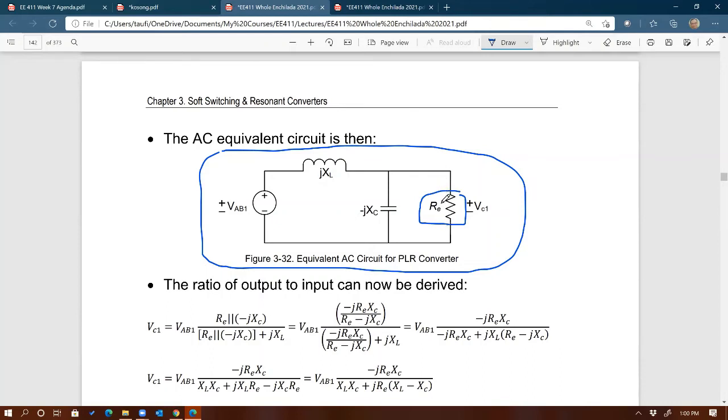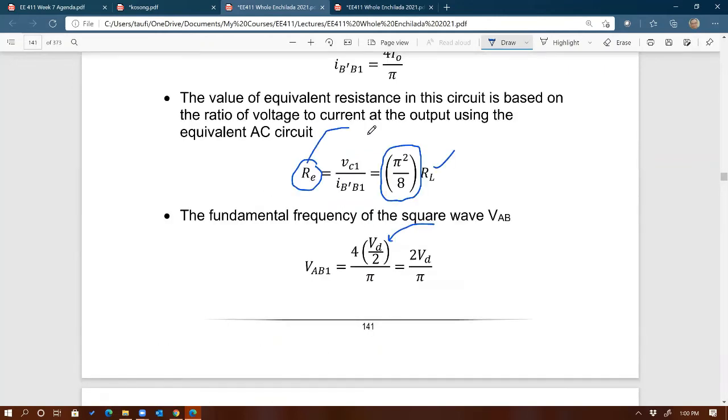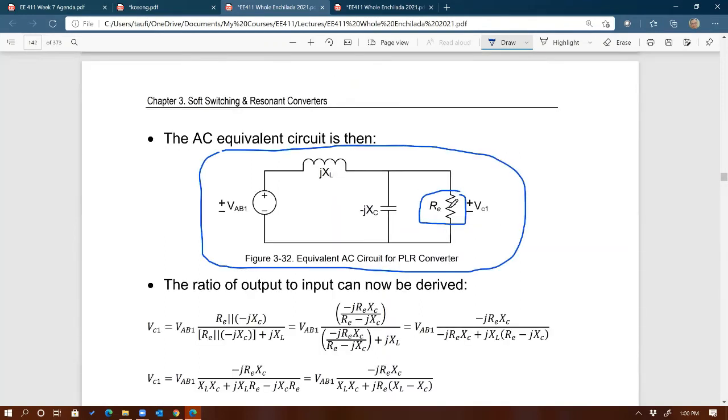It's not the same as RL; you have the equation for RE with respect to RL, the actual load resistor. That's the value that you will put there.